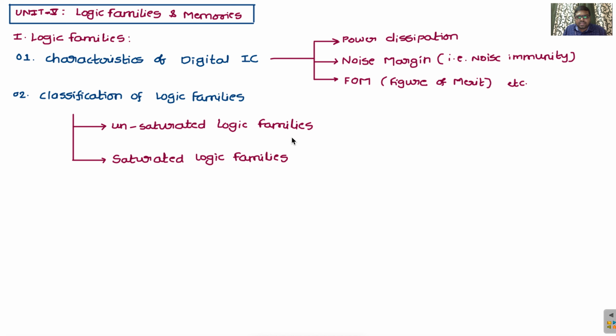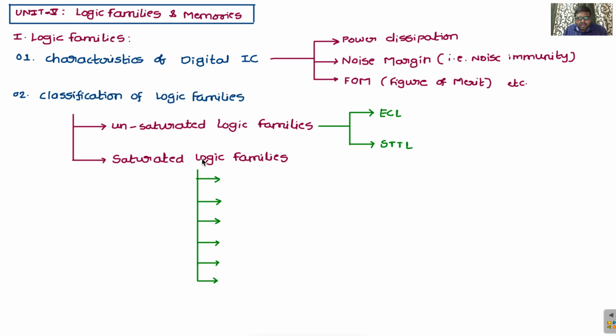The unsaturated logic families are divided into two types: one is emitter coupled logic, that is the ECL logic family, and the second one is STTL, Schottky transistor logic.